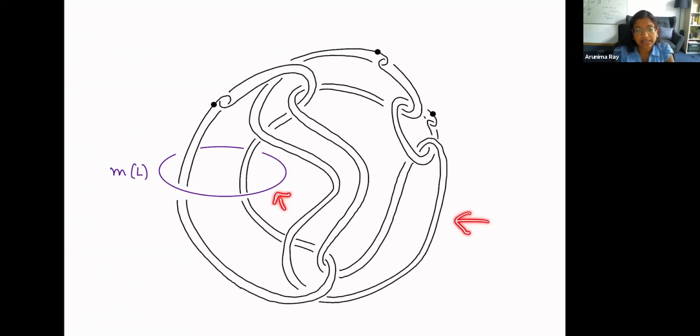And the question we're asking is whether that attaching region is the boundary of a flat embedded disk in this four manifold. So this is a question about whether this knot is slice in this four manifold, topologically. And if I knew that, then I'd be done. That would be pretty amazing if we could show that.